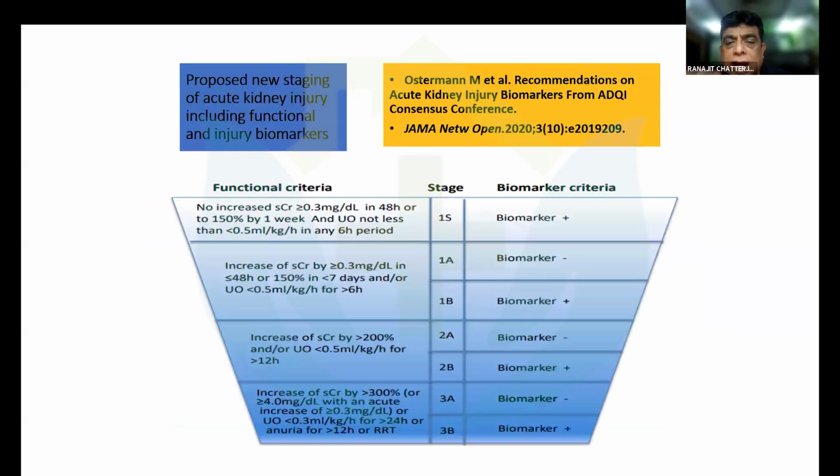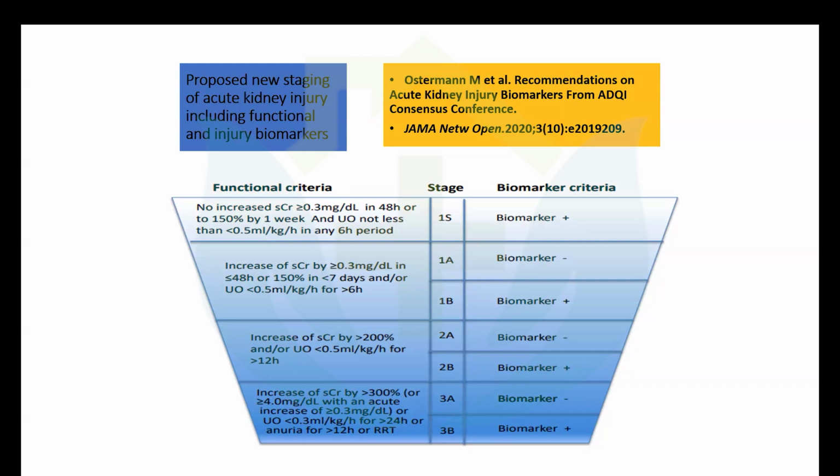Now, this classification, according to the biomarker given by Westerman and Merlin, is an excellent classification. She doesn't know, though, because we were on the same chair in 2022. We keep meeting each other frequently in conferences. I asked her, you have given this very good classification, but which biomarker were you talking about?